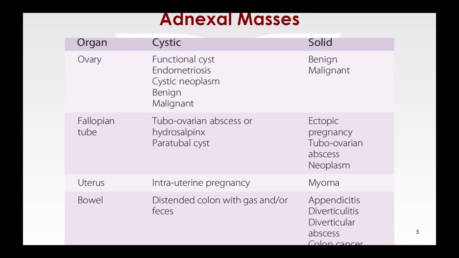In the uterus, you can have an intrauterine pregnancy, and you're unable to necessarily tell if that is just uterine enlargement, if you have an ectopic pregnancy, or if the patient could have a fibroid uterus that maybe has a pedunculated fibroid over on this side that you're feeling. And then bowel issues, like we talked about.